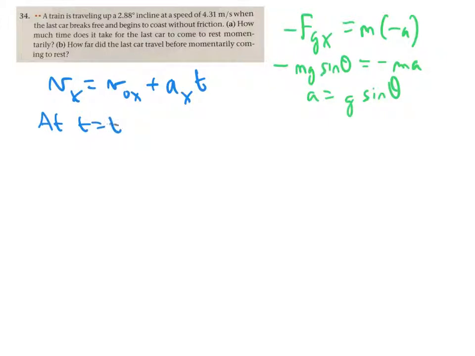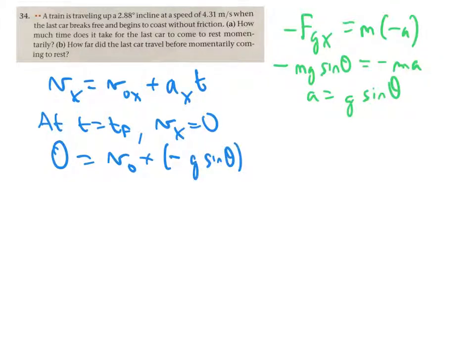When t equals the final time, Vx equals 0. So we end up with 0 equals the initial velocity plus the acceleration, which is minus g sine theta. Why the minus sign? Because again, A points along the incline, but in the backward direction, in the negative x direction. And then we have our TF here. And so now we can solve for TF.